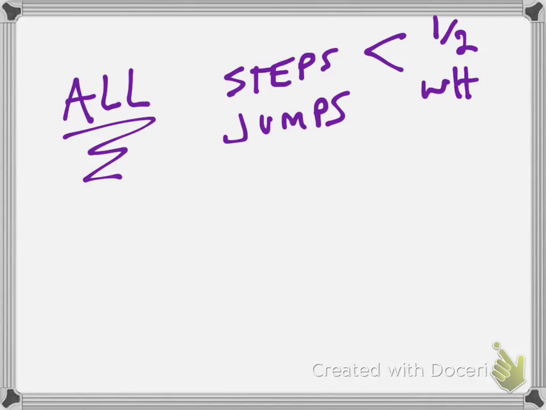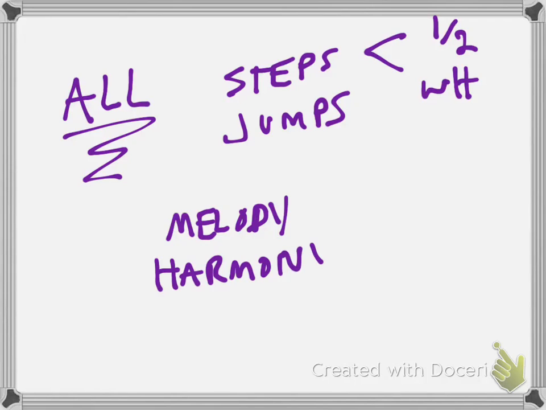And these different types of movement make intervals, either melodic intervals used for melodies, or harmonic intervals used for harmonies. And really, it's just space between 2 notes. How far apart are they?